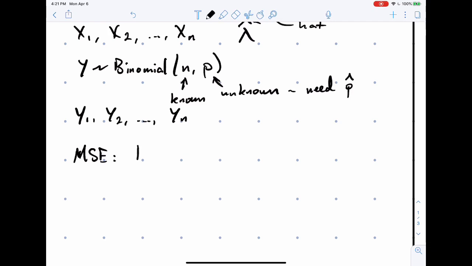So the definition is the expectation of theta minus theta hat, squared.